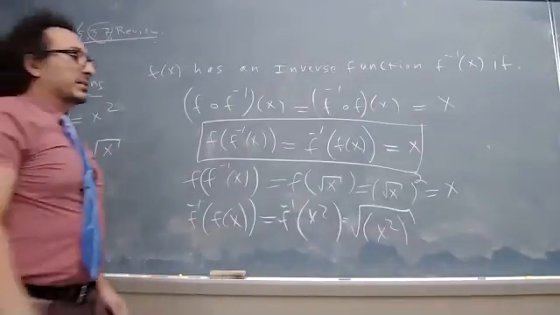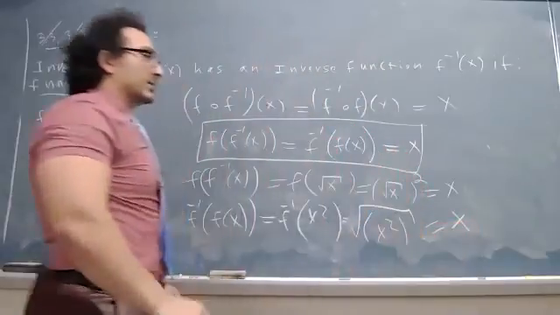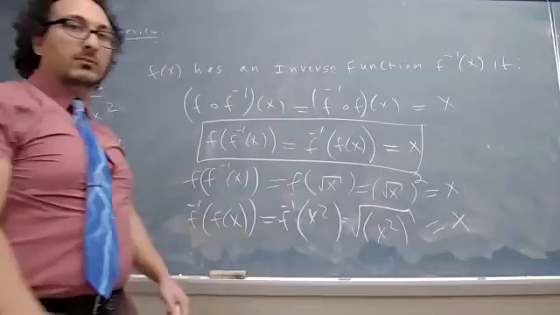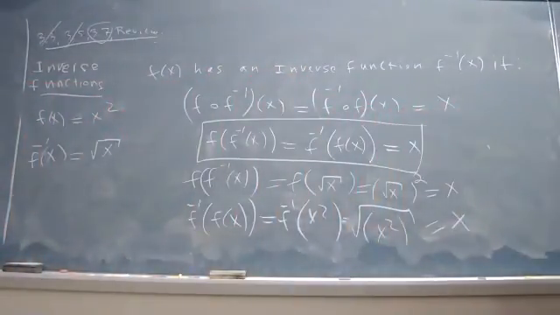But the square root of anything squared is just itself. So we get x. This proves that they're inverse functions.